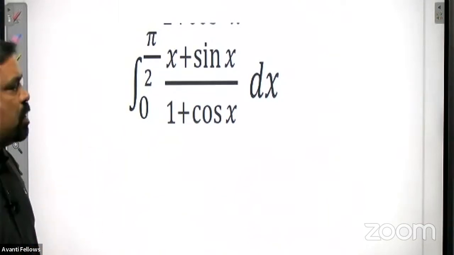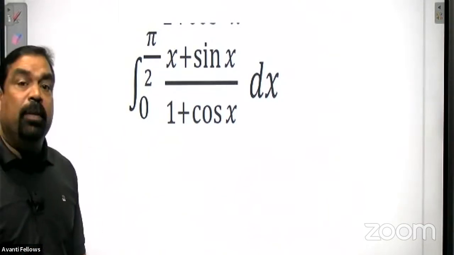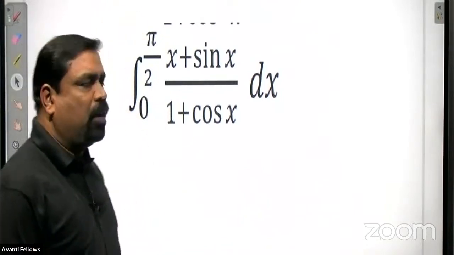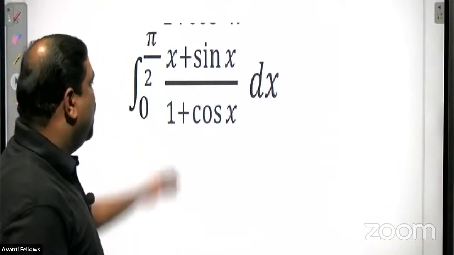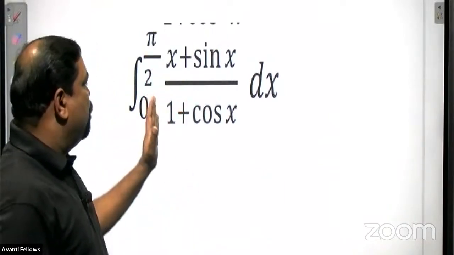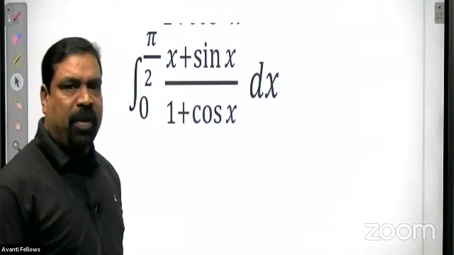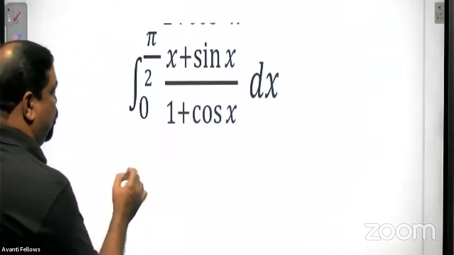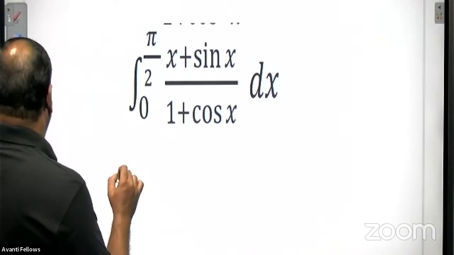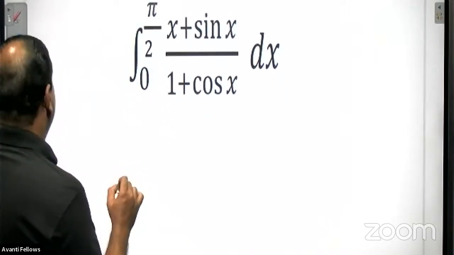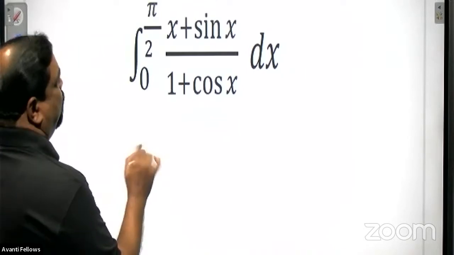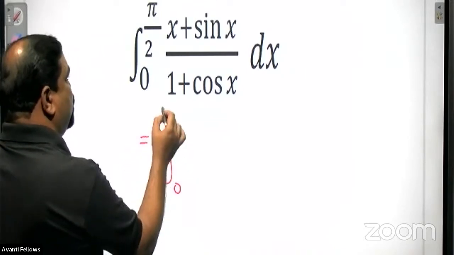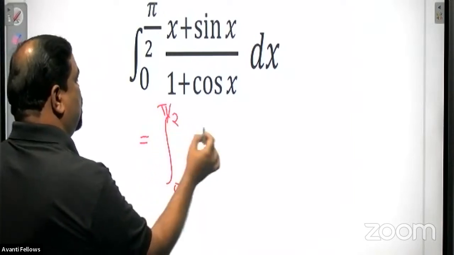Integral from 0 to pi by 2 of x plus sin x divided by 1 plus cos x dx. First we have to split this into two parts.